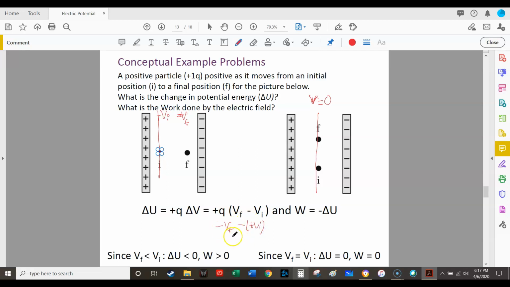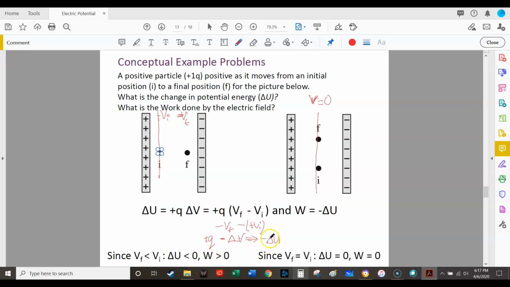And so delta V is going to be negative. All right, so V final is less than V initial. And so a positive Q times a negative delta V means that delta U is going to be negative.